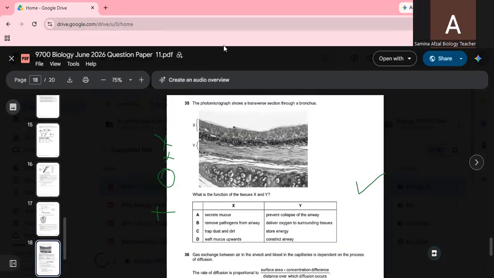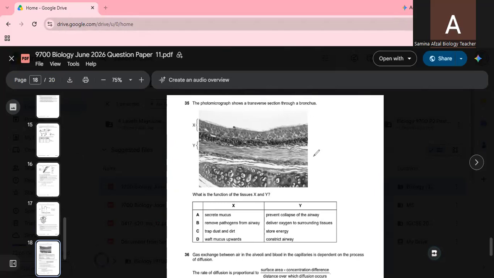So question number 35 is, the photomicrograph shows a transverse section through a bronchus. So you can see the diagram which is labeled X and Y. What is the function of the tissue X and Y?